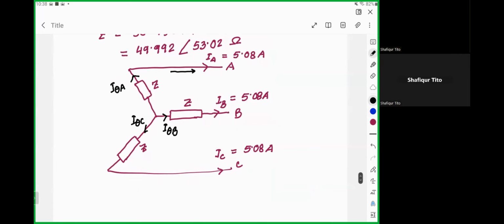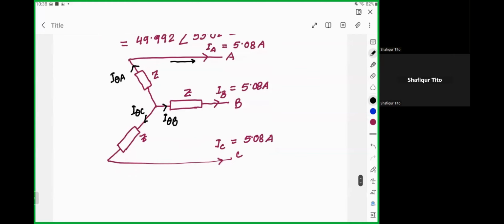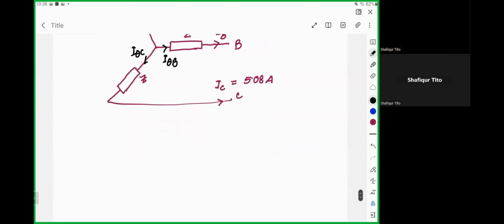At the same time, we can consider everything, otherwise we have to readjust at the end. So I prefer to consider that IA is equal to 5.08, and this is my reference point, 0. This is my assumption.